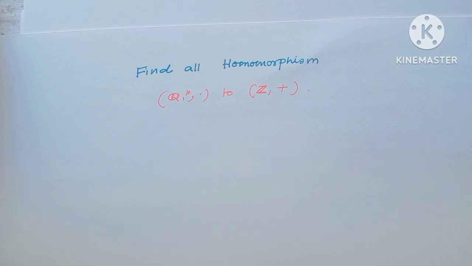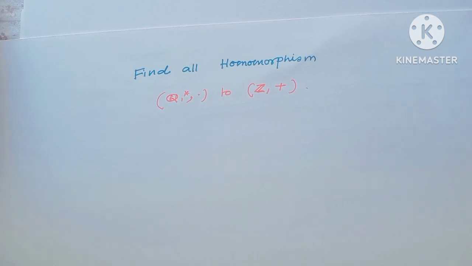Now I will say one new type of homomorphism. Find all homomorphisms from Q star, the non-zero rational numbers with multiplication, to the integers with addition.